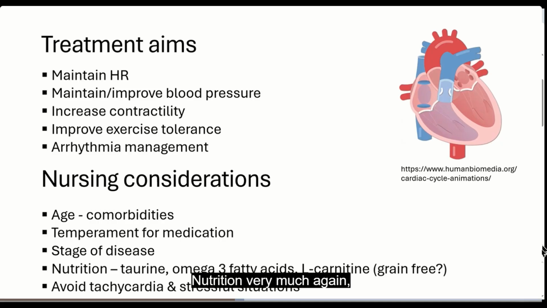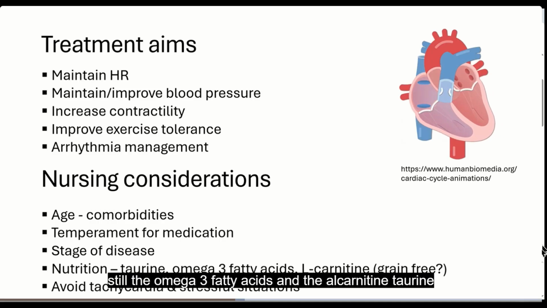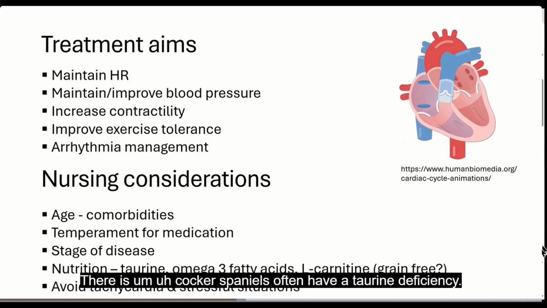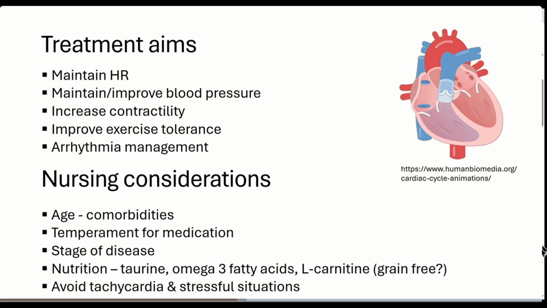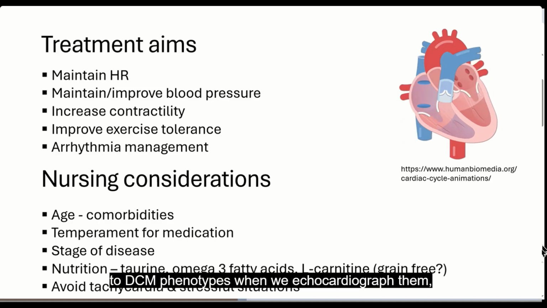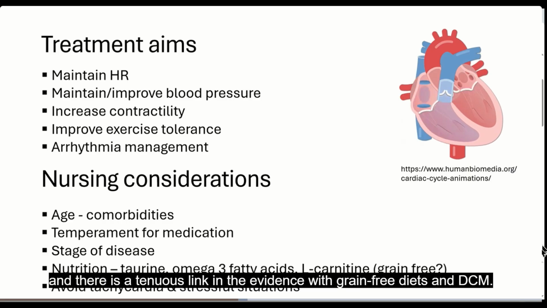Nutrition, very much, again, still the omega-3 fatty acids and the L-carnitine. Taurine is a really pertinent one for dilated cardiomyopathy. Cocker Spaniels often have a taurine deficiency, which can give rise to DCM phenotypes when we echocardiograph them. And there is a tenuous link in the evidence with grain-free diets and DCM.